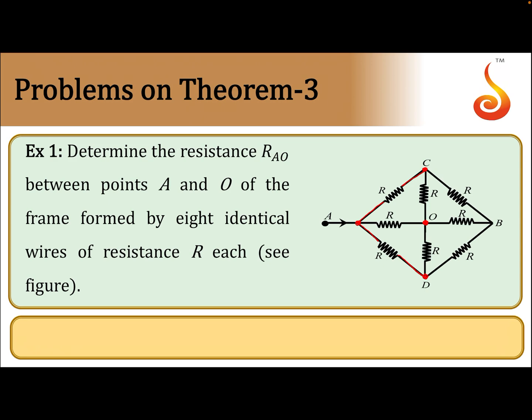Also, O is the output point. So after crossing one from O, we will reach C. After crossing one from O, we can reach D. So what we can conclude is C and D are at same potential according to theorem 3.